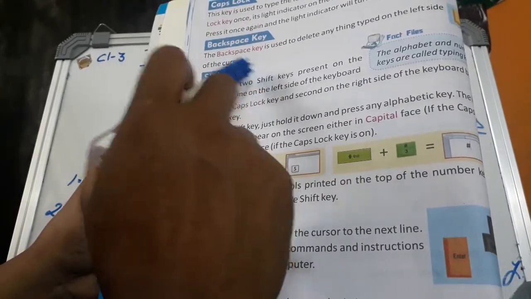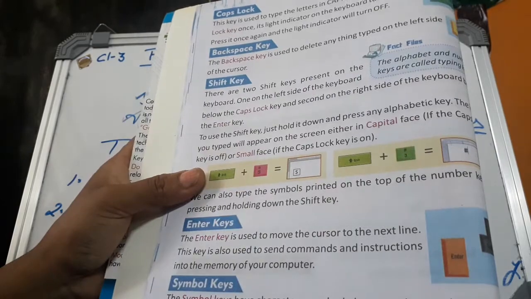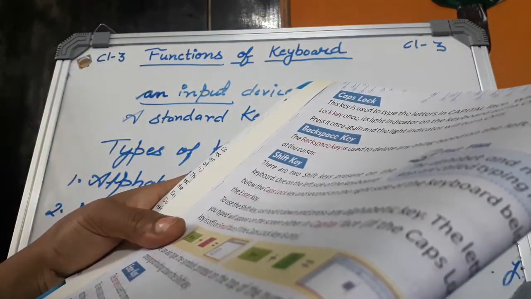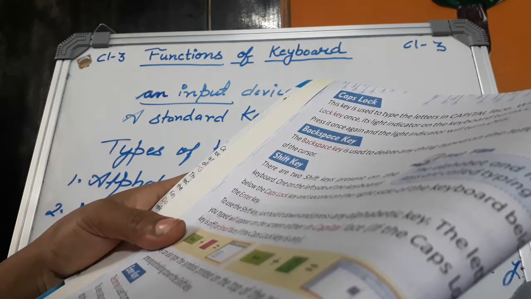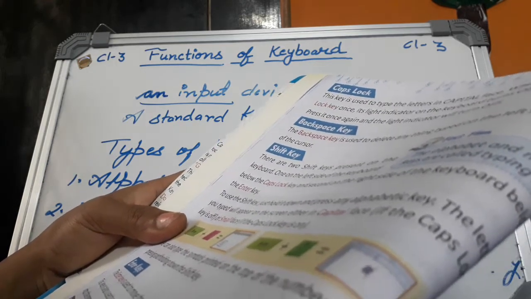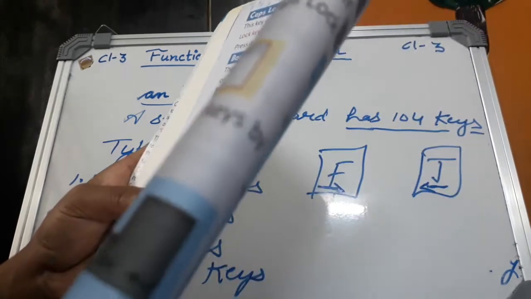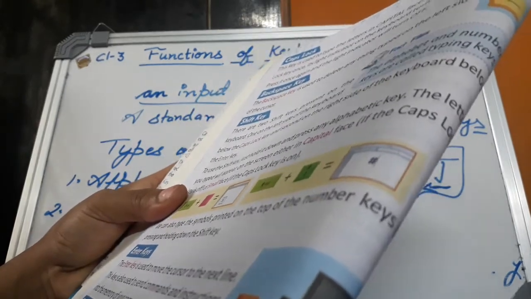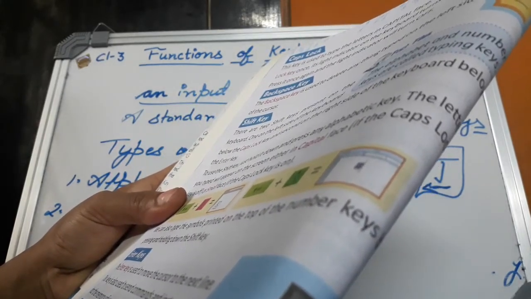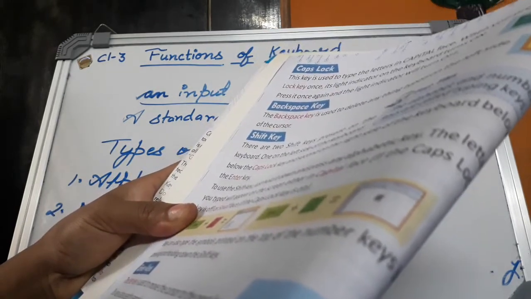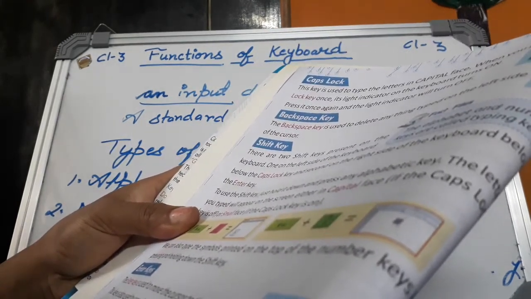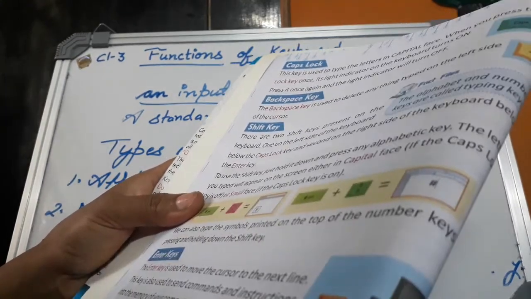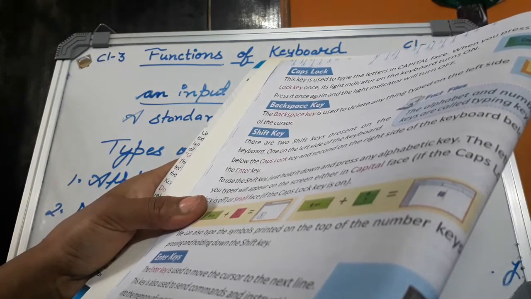Now shift key. There are two shift keys present on the keyboard, one on the left side of the keyboard below the caps lock key, and the second on the right side of the keyboard below the enter key. To use the shift key, just hold it down and press any alphabetic key. The letter you type will appear on the screen either in capital case if the caps lock key is off, or small case if the caps lock key is on.